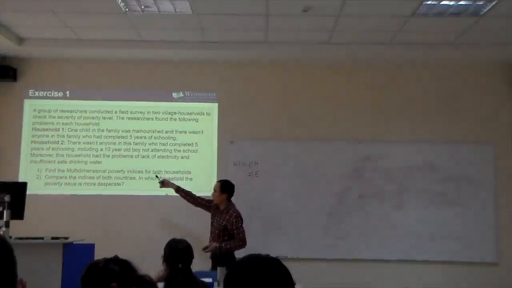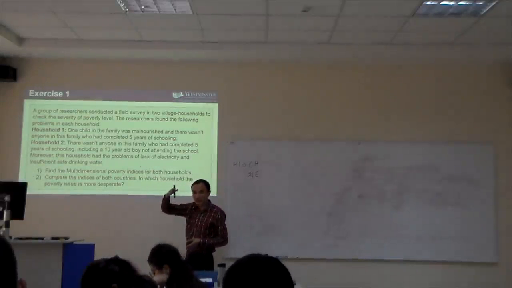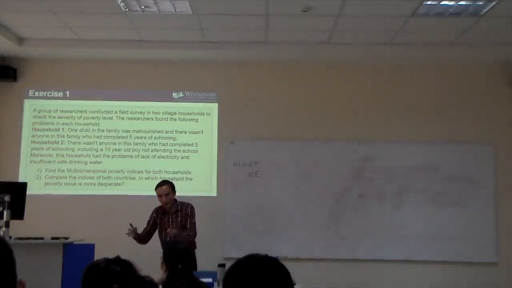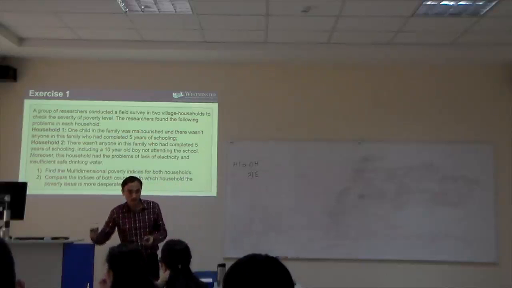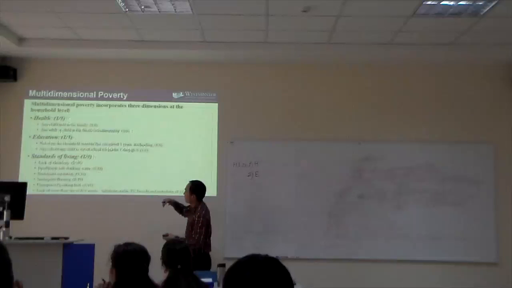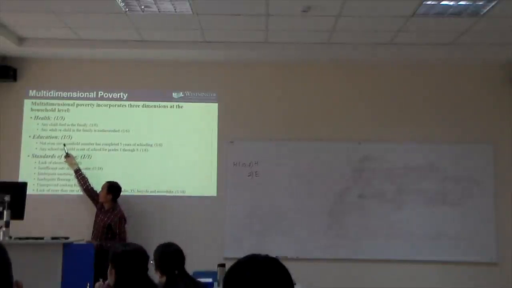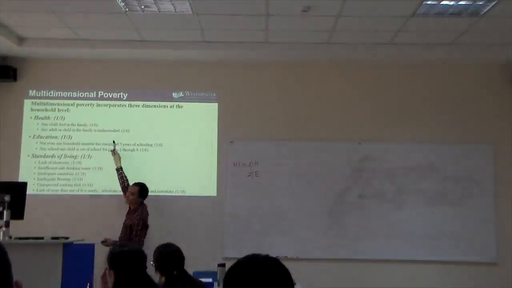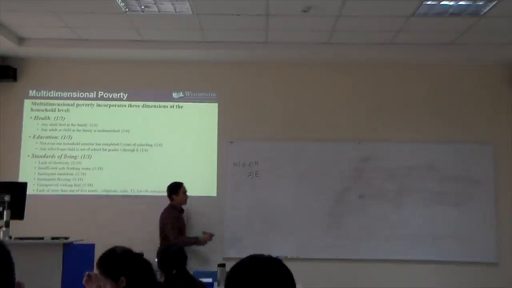So first one, household 1: one child in the family was malnourished, yes? Which means there is one child in that family who is starving from malnourishment, from hunger. So here, it's the second subcategory of health. One child or any child in the family is malnourished. What's the weight we can give? 1/6.